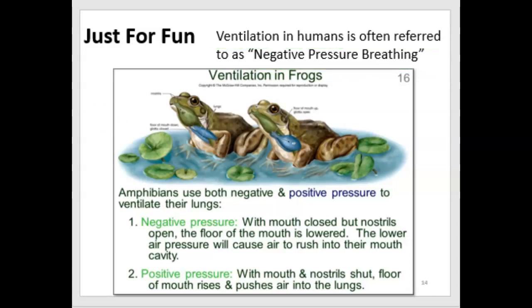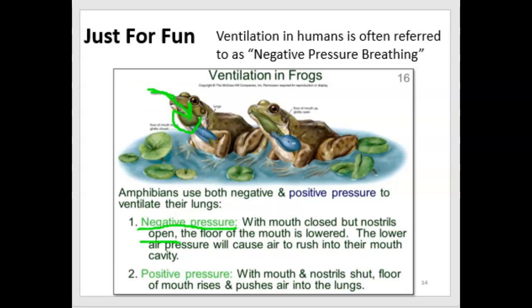Now, frogs, amphibians, they do that as well. A negative pressure is created when their nostrils are open. They do have nostrils. And the floor of the mouth is lowered because they've increased the volume of their mouth, essentially, and their nasal cavity. So that lowers pressure and air rushes in. So you'll see their throat bulge, right?